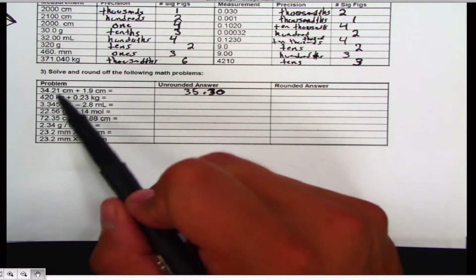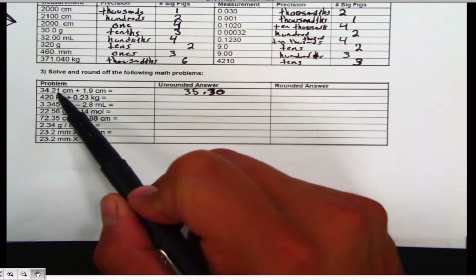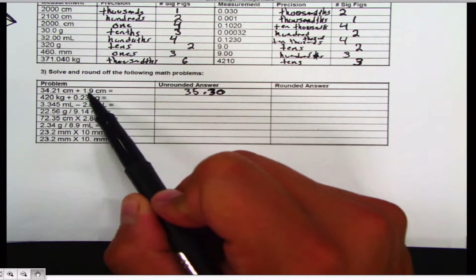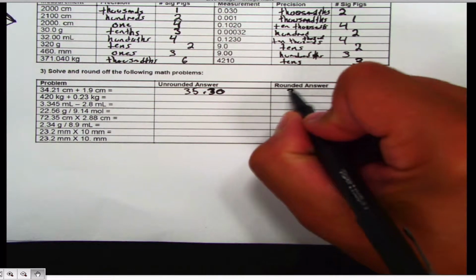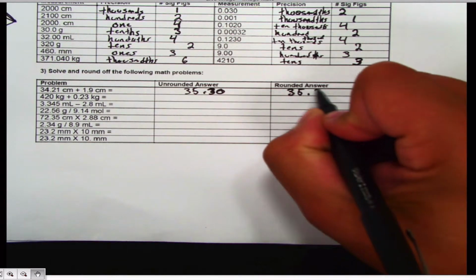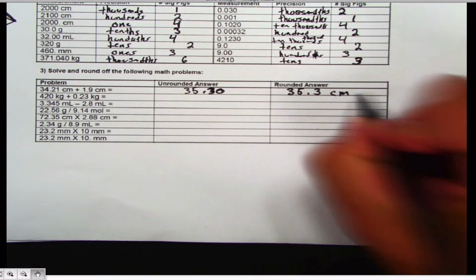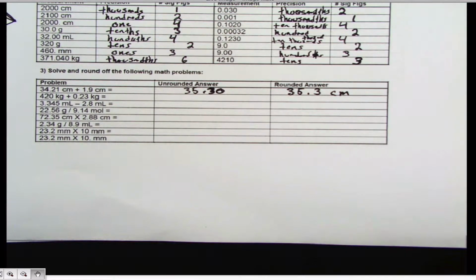Now, because we're adding and subtracting, we have to look for the least precise number. This number is measured to the hundredths. This is measured to the tenths. Tenths is the least precise, so I round this to the tenth. So it's really going to be 35.3.